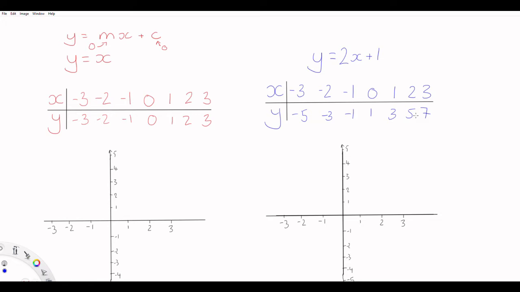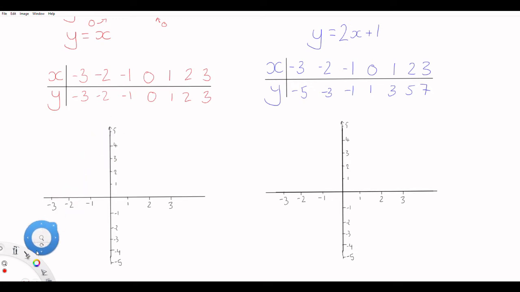Now we can use those. They are giving us x and y coordinates, and we can plot them onto our graphs below. So let's start with y equals x. We have -3, -3, -2, -2, -1, through the 0, 1, 2, 2, and 3, 3.